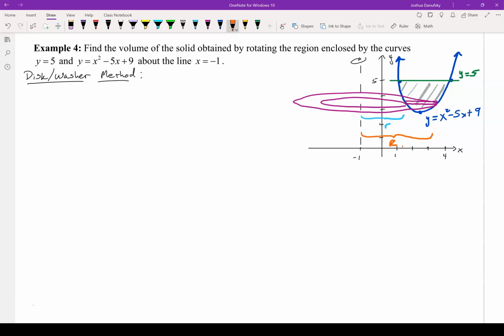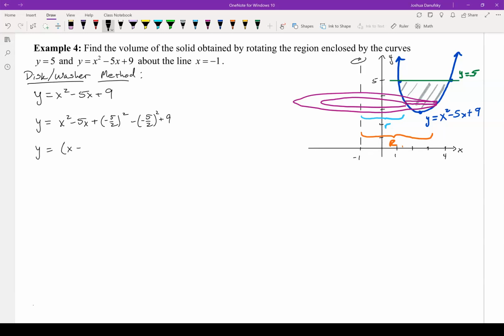In order to do that, we're going to have to take y equals x squared minus 5x plus 9 and solve this for x. And the way we're going to do that is by completing the square. We divide -5 by 2 and square it. And if we add that on, we also have to subtract it off, like that.